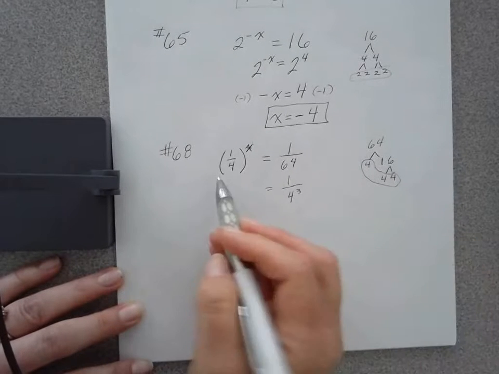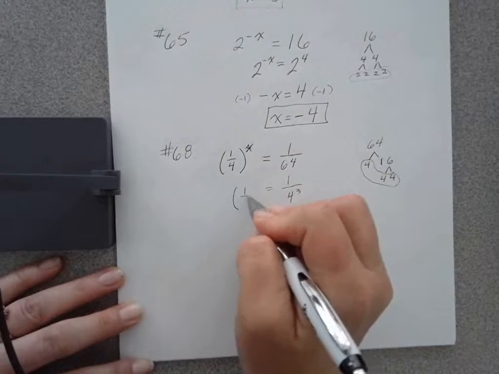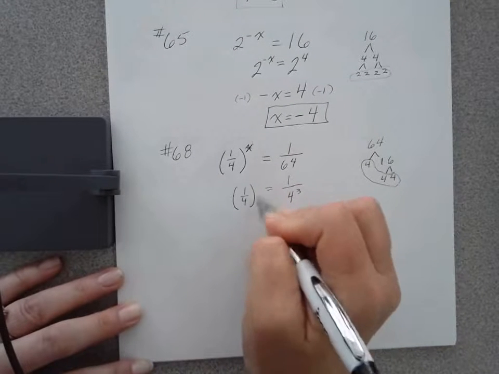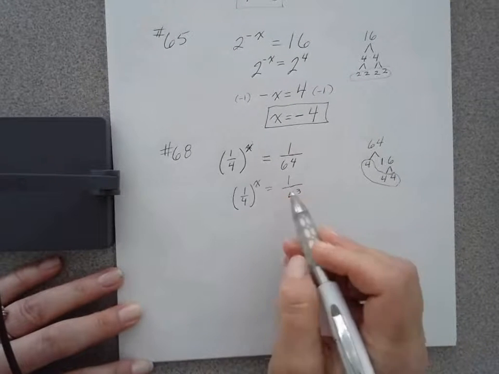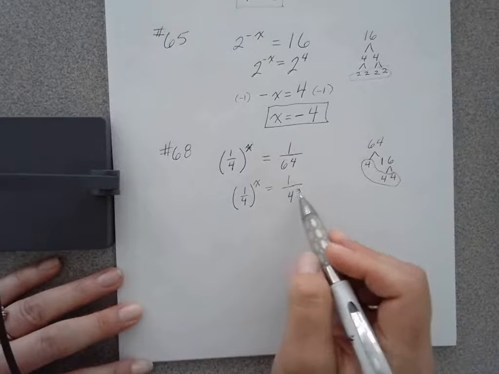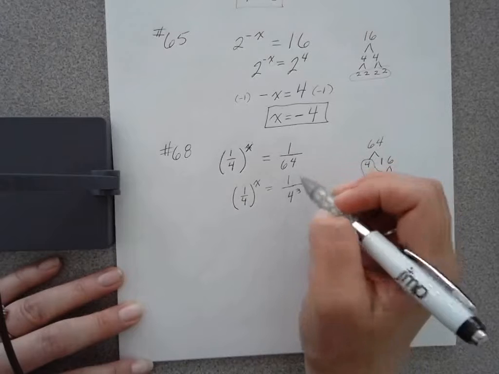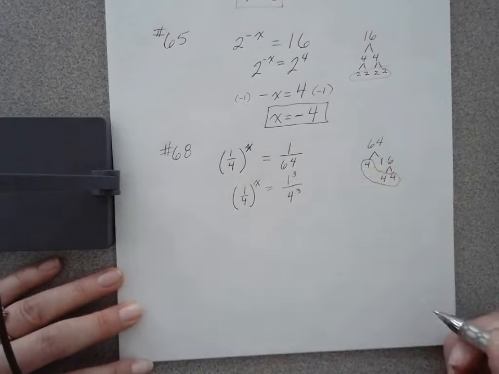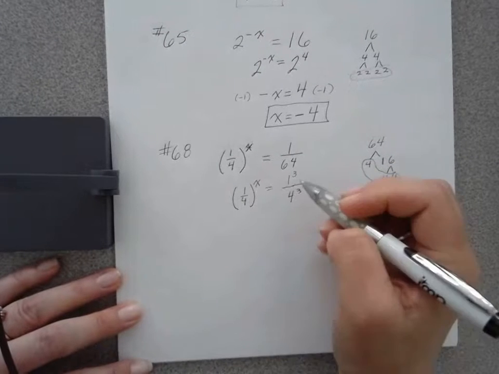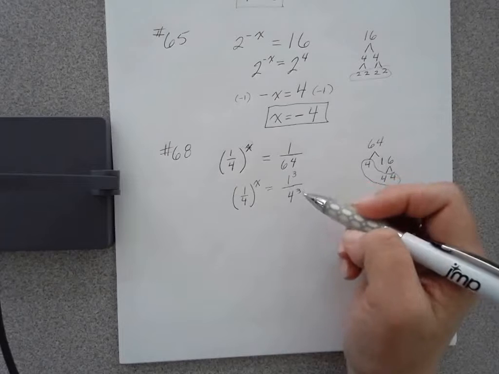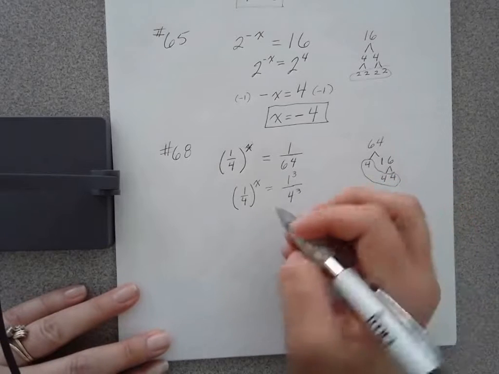Okay, so I'm almost there. It's almost 1/4 to some power, but I need to write the cube on the outside. So 1 is equal to 1 cubed, right? Because 1 to any power equals 1, I can write that as 1 cubed.